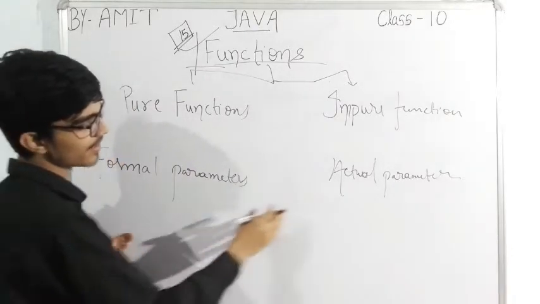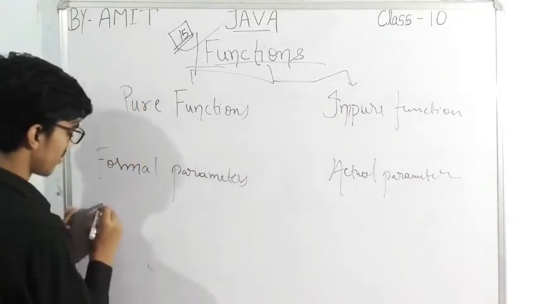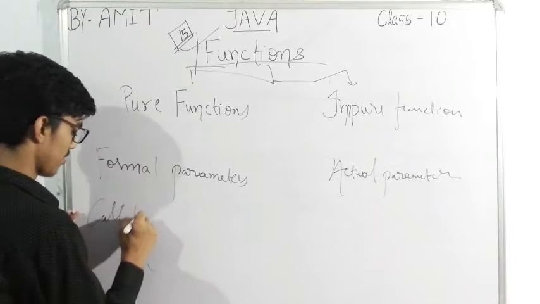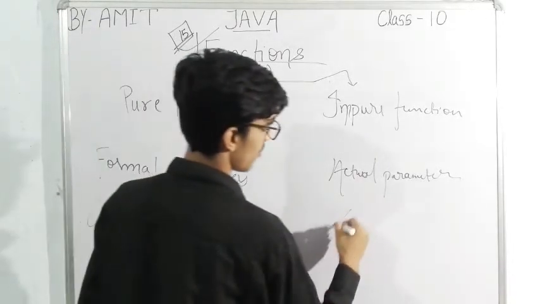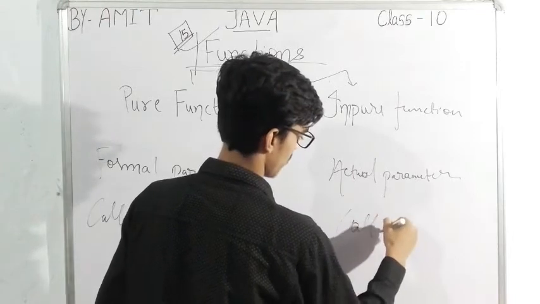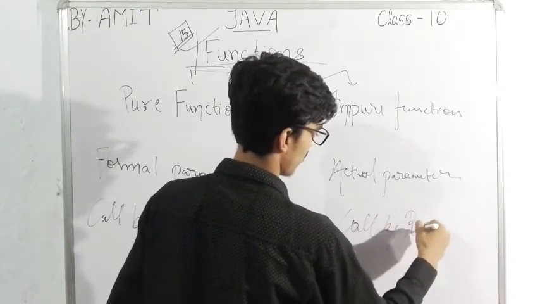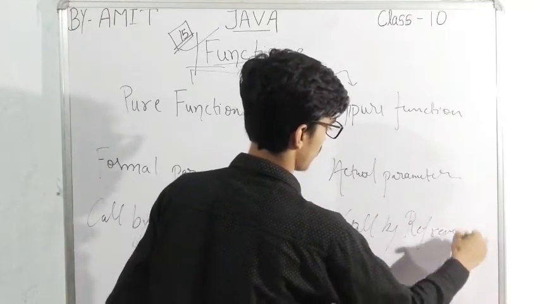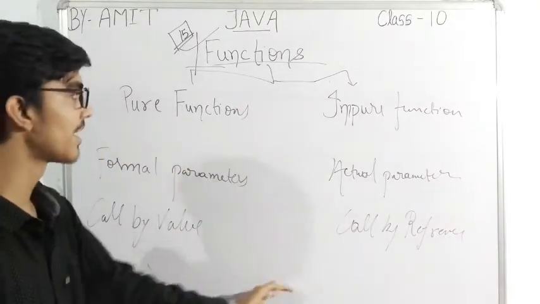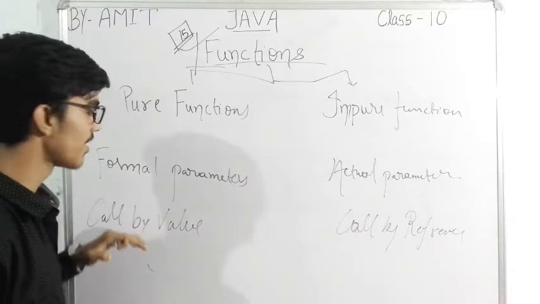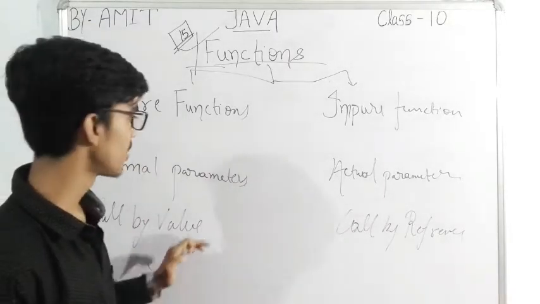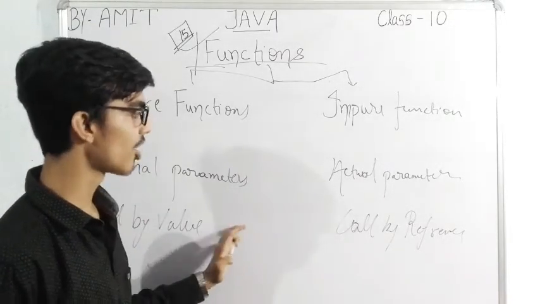Formal parameters, actual parameters. Call by value and call by reference. About this, I will not go into the theory part because it will take a lot of time.